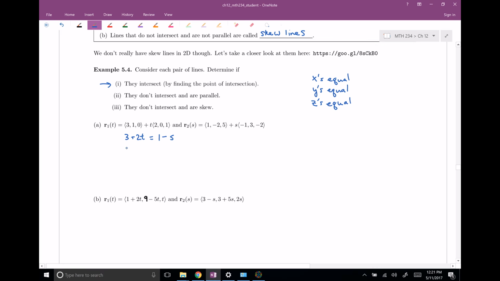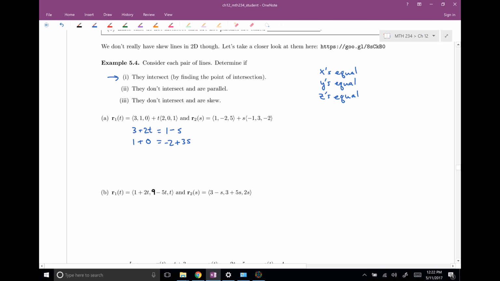If the y's are equal, we'd have 1 plus 0t, so that's just going to be 1, and then over here we'd have negative 2 plus 3s. I'm sorry, sometimes my s's look like 5s, so please make sure you're differentiating on your paper. For the z's, 0 plus 1t, so it's just t, is equal to 5 minus 2s.